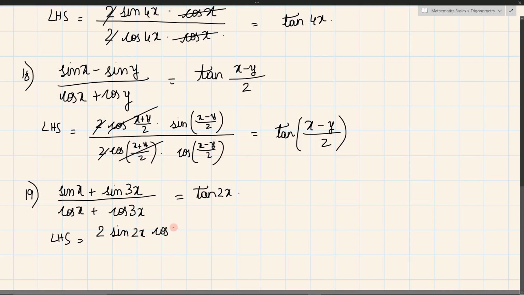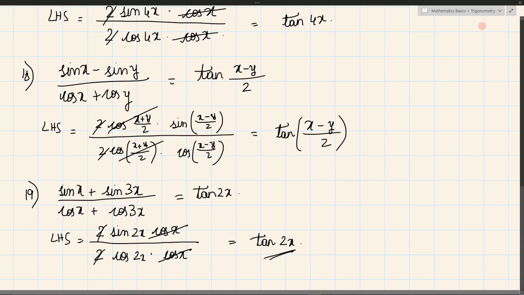Cos of minus x is nothing but cos x. Divided by cos A plus cos B, which is nothing but 2 cos (A plus B) by 2, that is cos 2x, into cos of (x minus 3x) by 2, that is minus 2x divided by 2, minus x. Cos of minus x is nothing but cos x. Cos x is cancelled. So the remaining term is tan 2x.